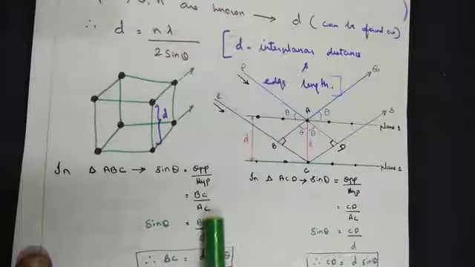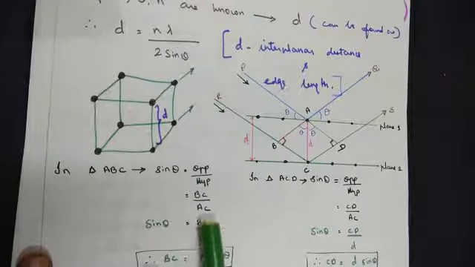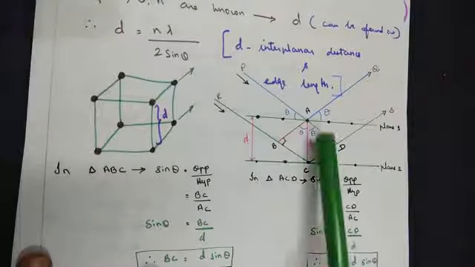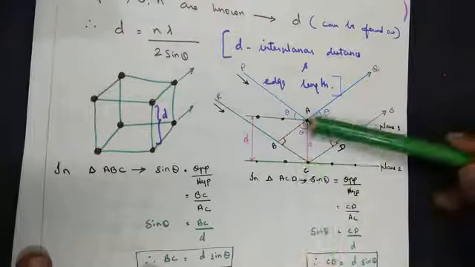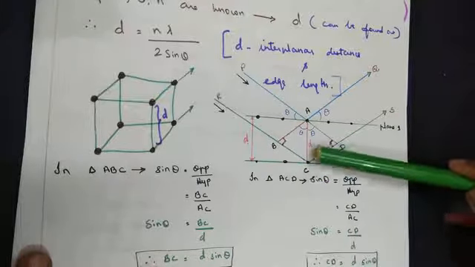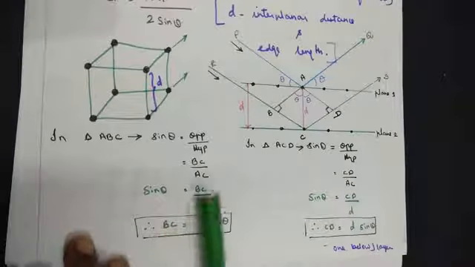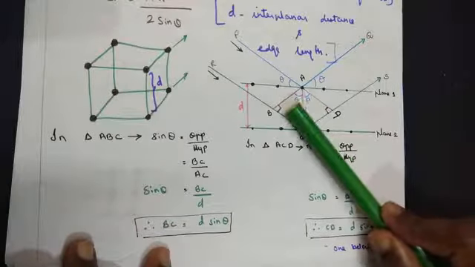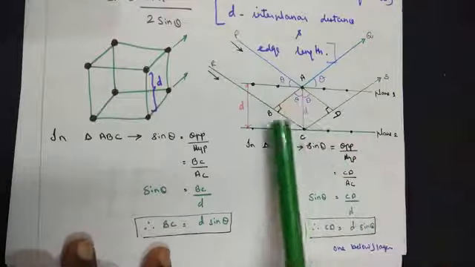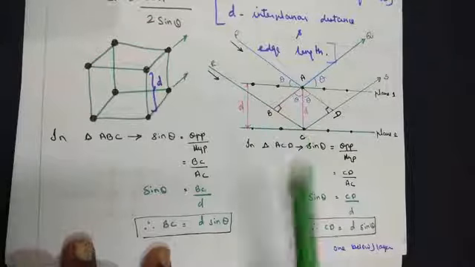So sin theta is equal to BC by AC, the interplanar distance between these two planes, which is taken as D here. Cross-multiplying, we get BC is equal to D sin theta. So for this right-angled triangle, we have calculated the length of BC.